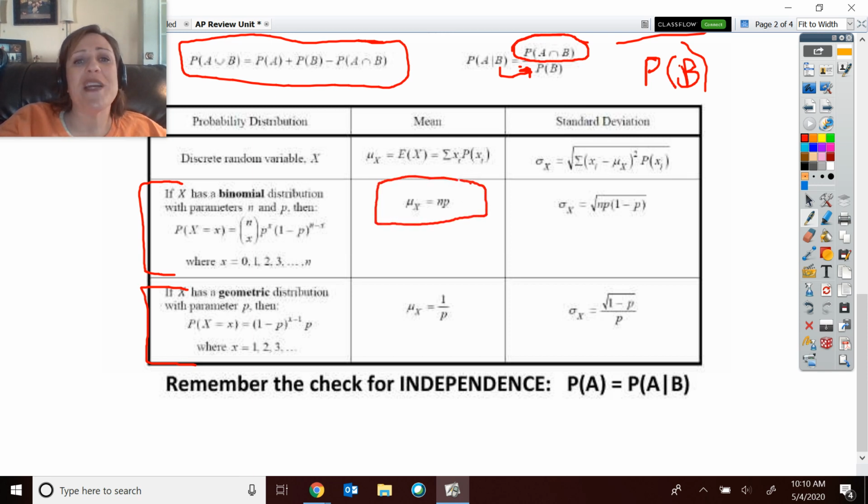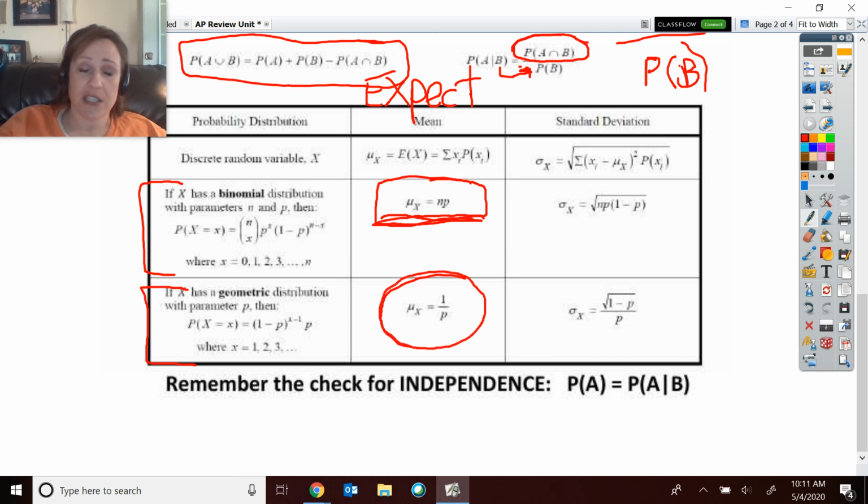How many do you expect? Remember, the mean is how many do you expect? The expected value is the mean. Binomial is n times p. Geometric is 1 over p. I think I actually say it in the song. Geometric 1 over p. Binomial n times p. So on average, how many items do you expect?